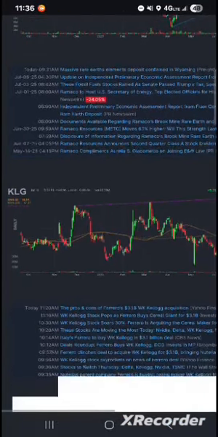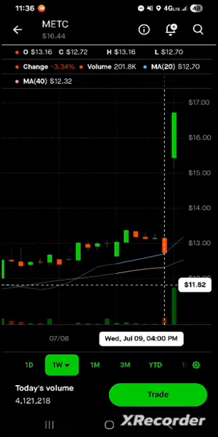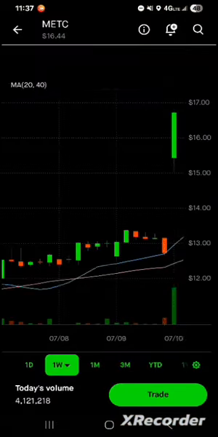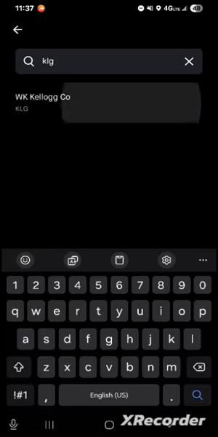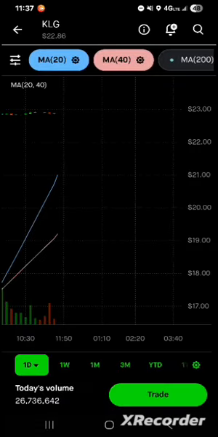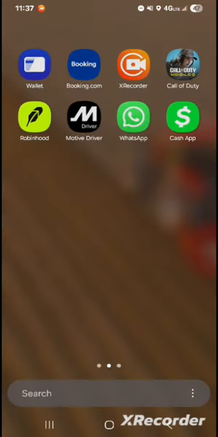KLG. Kellogg's. Let's take a look. Okay, we want those lines to cross, so we're going to move on to something else. We're going to keep on looking.